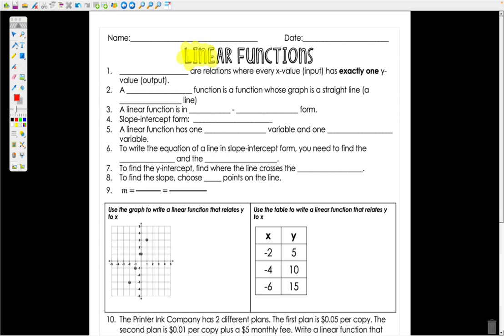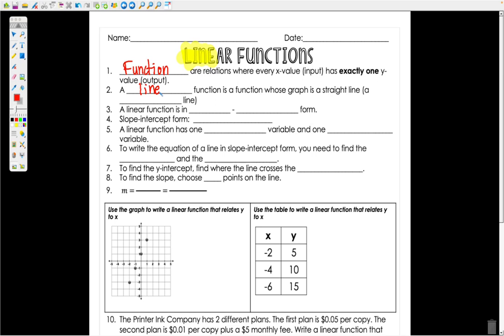Remember I told you that a function in general, just a simple function, is a relation where the x value has exactly one y value. The girl has exactly one boyfriend, however you want to think about it. A linear function is a function that makes a straight line when you look at your graph.